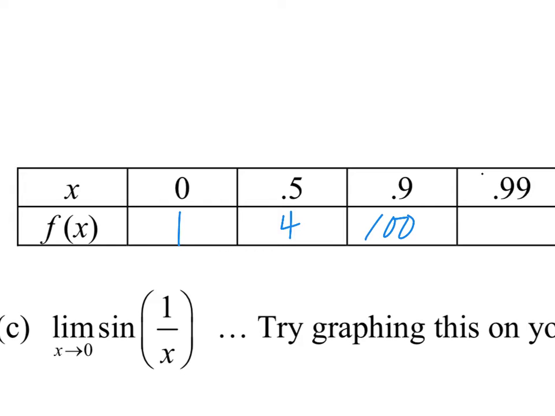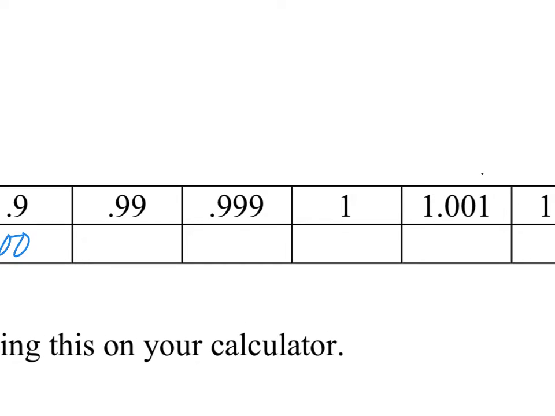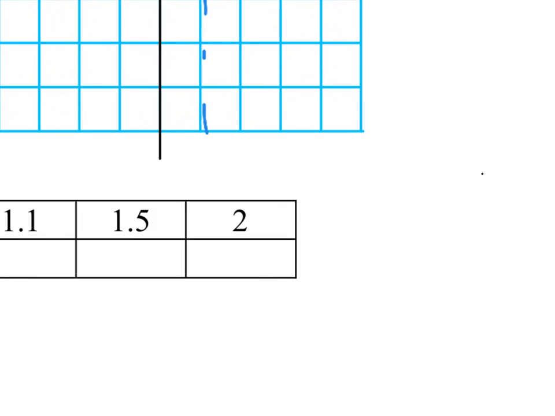I do it with 0.99, I get 10,000. And I do it with 0.999, and it looks like 1,000,000. 6 zeros: 1, 2, 3, 4, 5, 6. Yep, 6 zeros there.